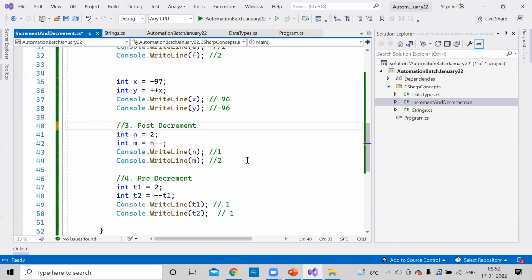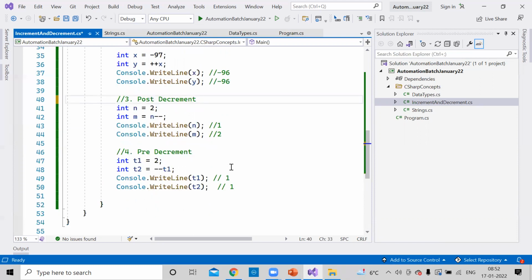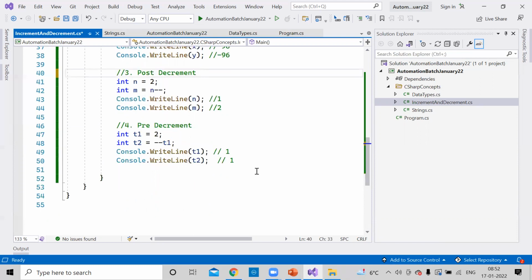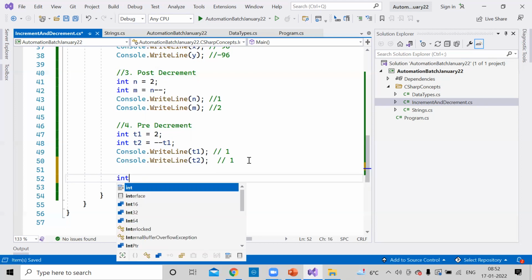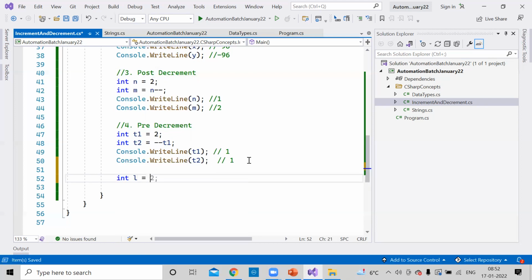Okay, let us see one more example. I have one more interesting question for you. Let us say integer l is equal to 5, or 6, whatever you may want to take. And l is equal to 5.